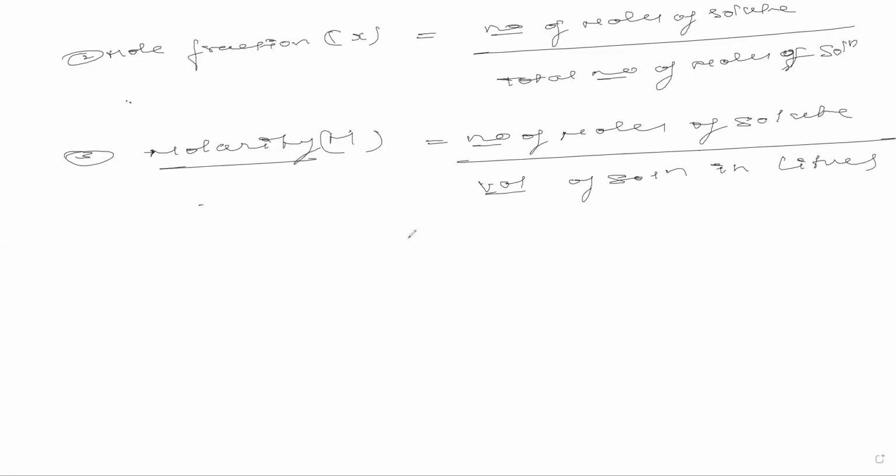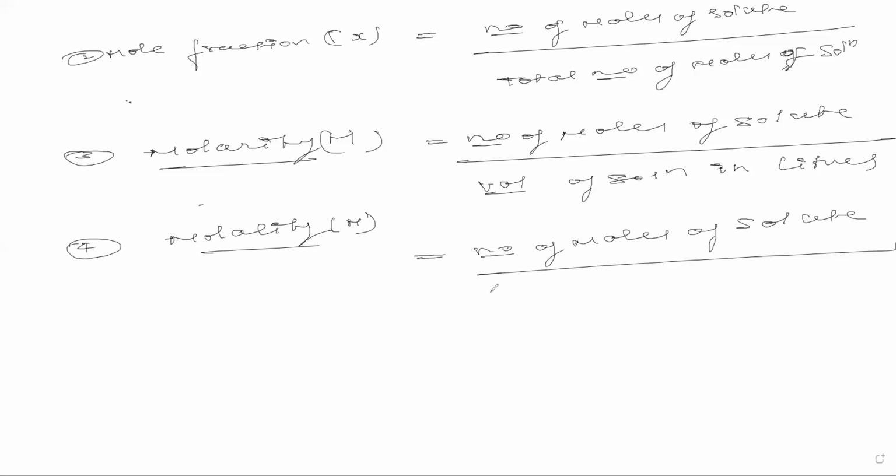Volume of solution in liters. The fourth one is molality, small m. Here it is the number of moles of solute divided by the mass of solvent in kg. So these are the formulas.